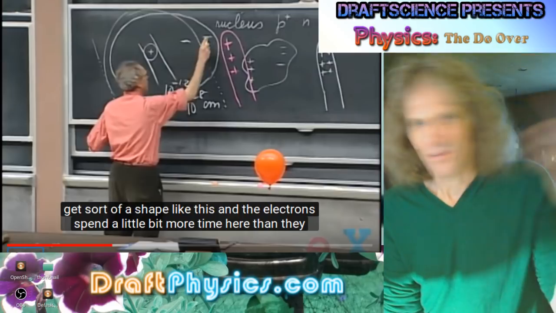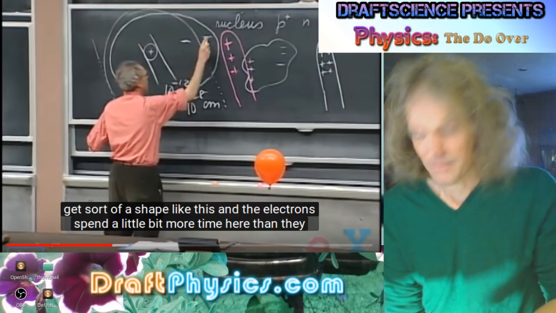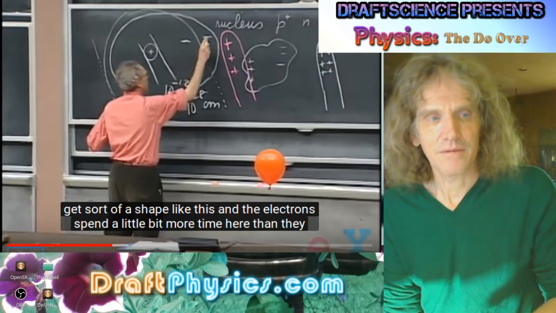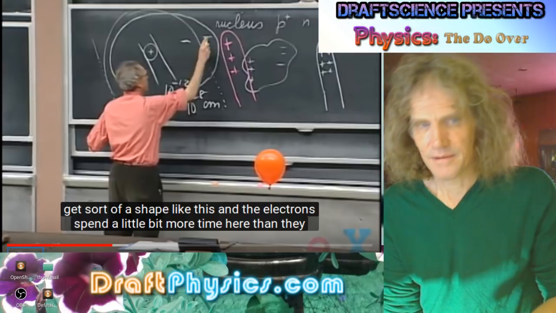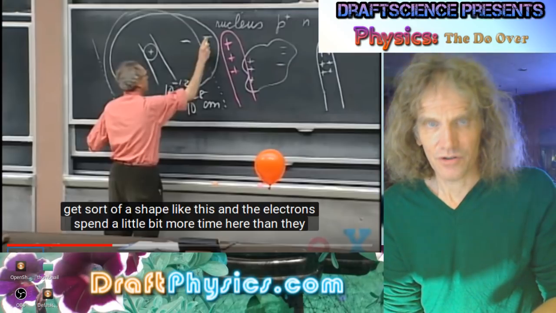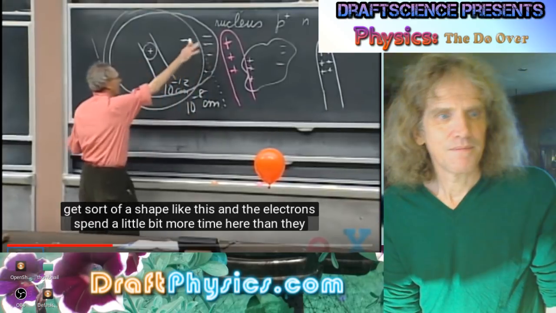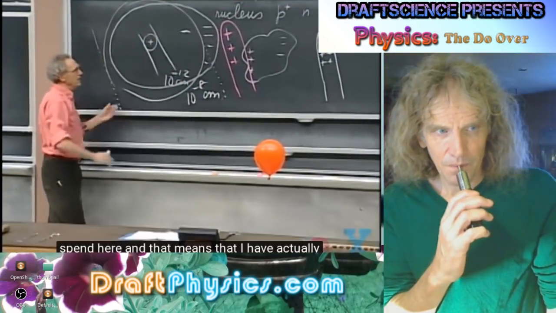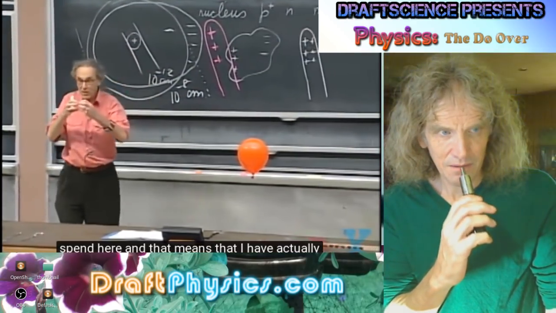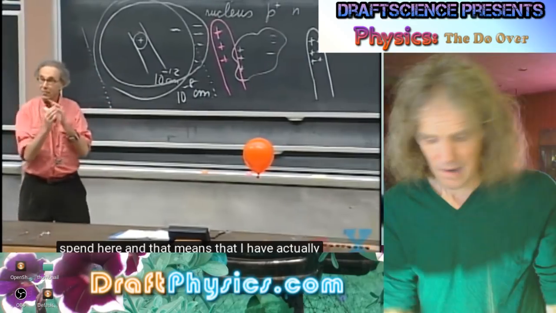But the electrons really aren't moving around the atom. You don't need that model to make this work. They're magnetically held in tension. Electrons spend a little bit more time here than they spend here, and that means that I have actually polarized that atom.